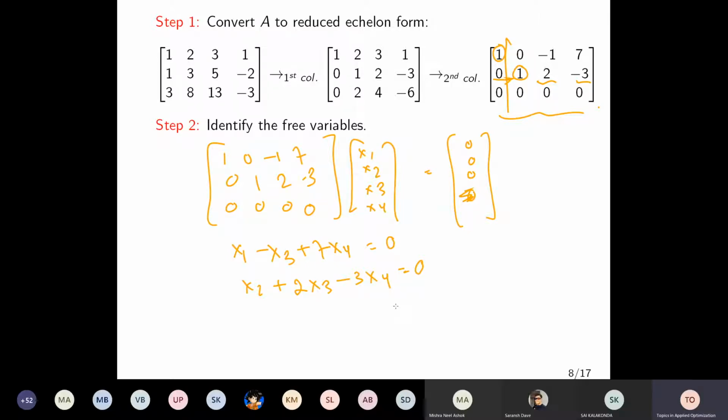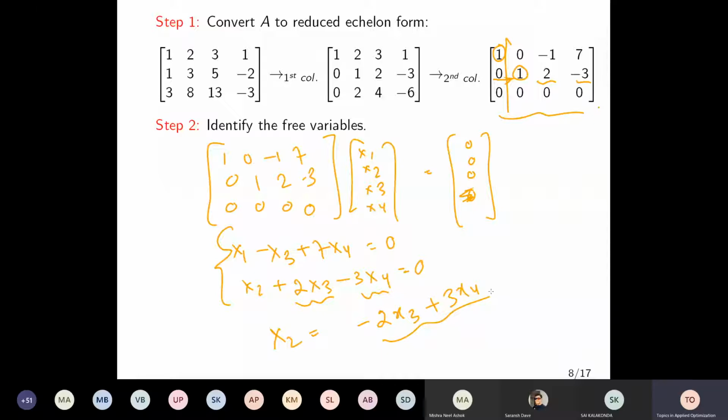So no problem. Now, why do you get free variables? It becomes a free variable because I am allowed to choose two variables arbitrarily, since no one is putting any constraint on me. I can express x2 as minus 2x3 plus 3x4, and you can parameterize this.